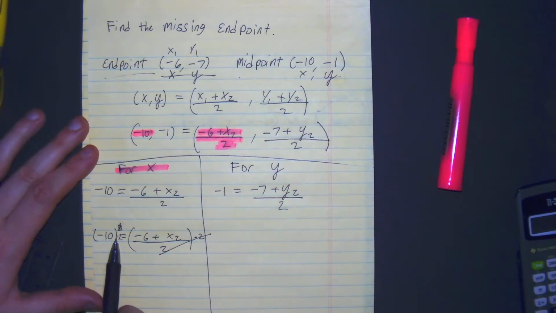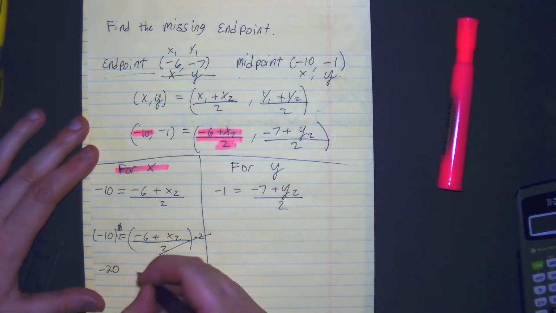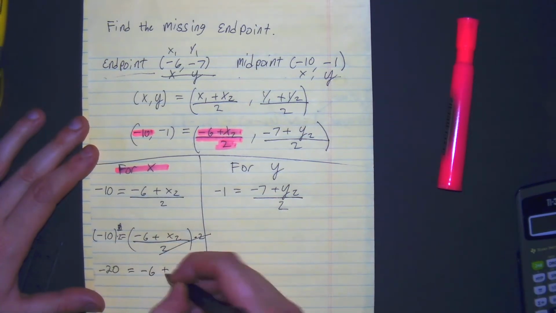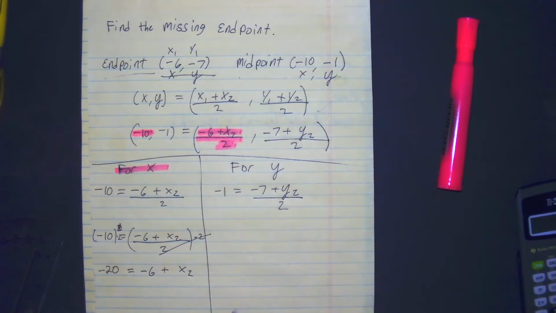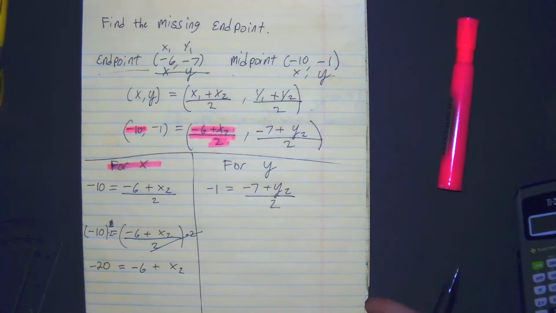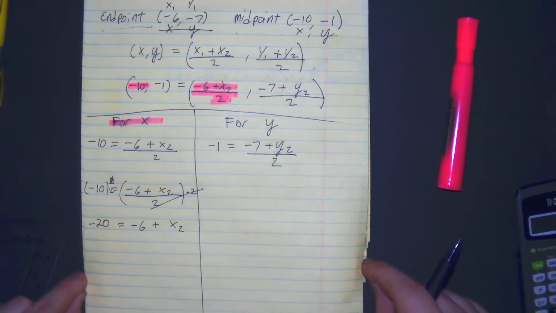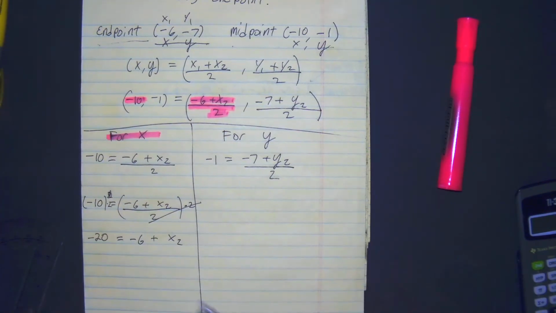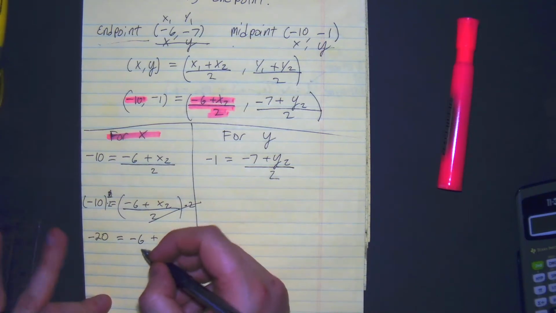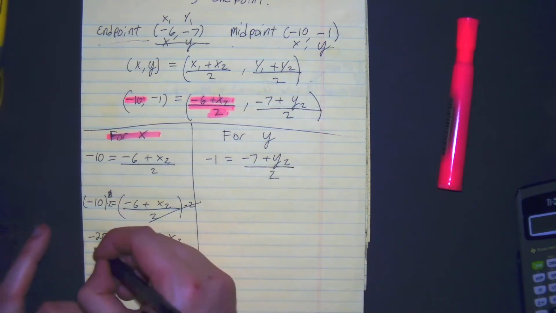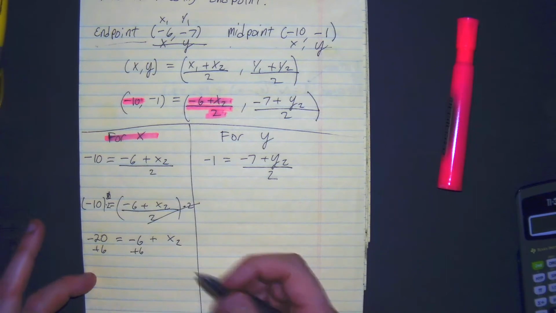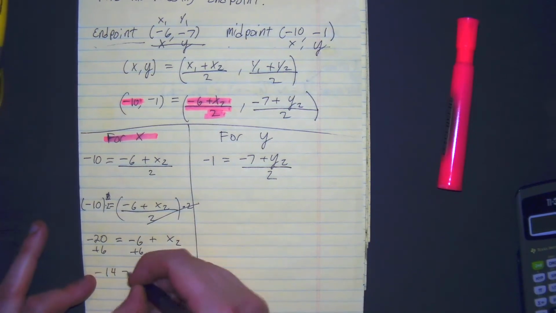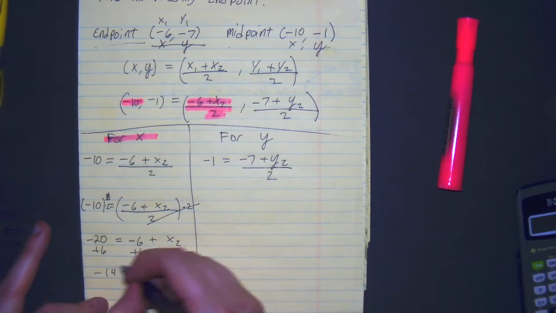So negative 10 times 2 gives us negative 20 is equal to negative 6 plus x2. From here, we want to get this x2 by itself. So we're going to do the inverse of negative 6, which is plus 6, plus 6. So we get negative 14 is equal to x2.